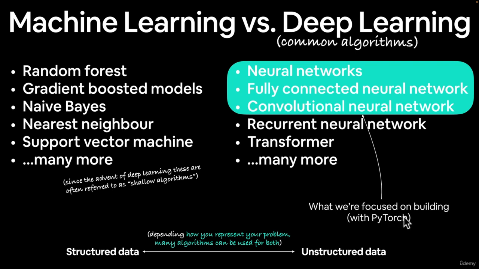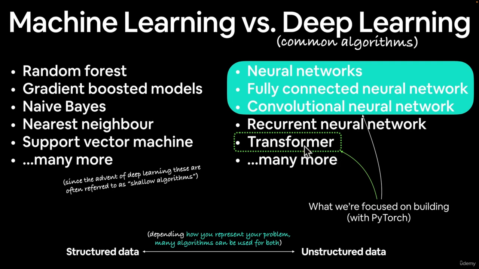I did say that what we're focused on building with PyTorch was neural networks, fully connected neural networks, and convolutional neural networks, and I kind of skipped out on the transformer. But as I started making the rest of the materials, I decided the transformer is getting too popular and too well-performing not to cover it.